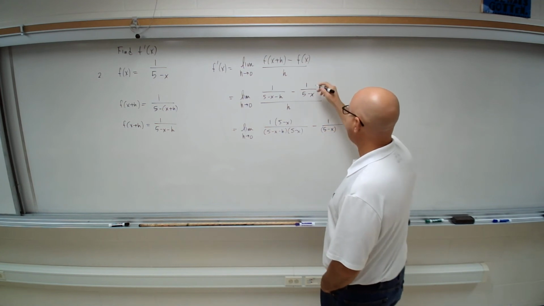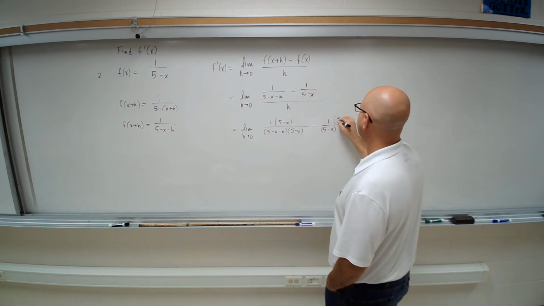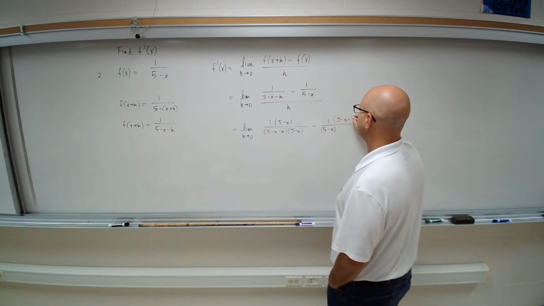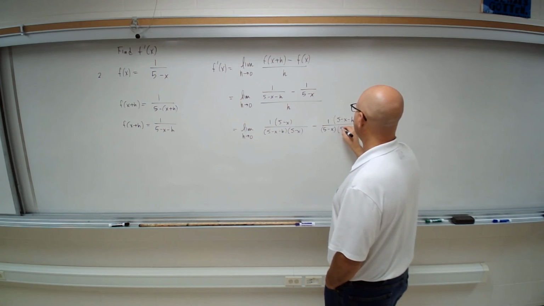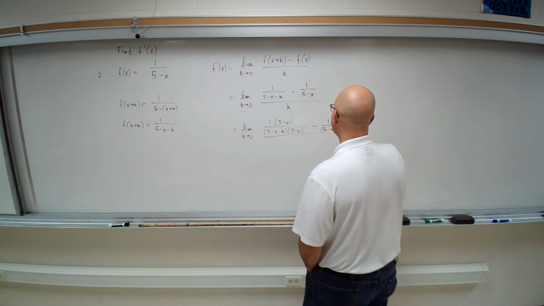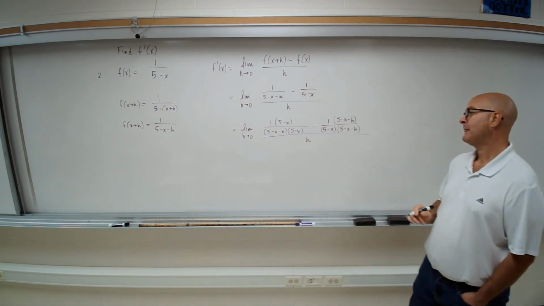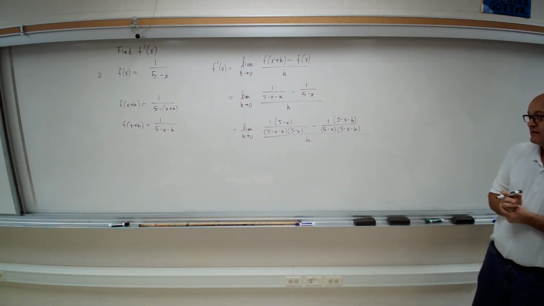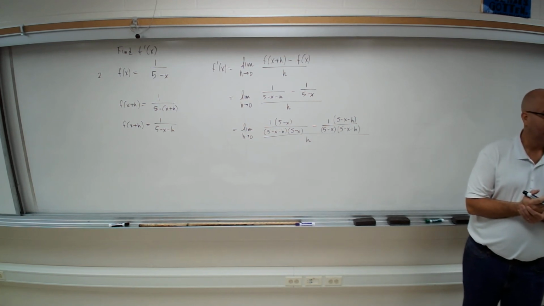And that's what I had on the right-hand side. I'm going to multiply by 5 minus x minus h over 5 minus x minus h, and it's all over h. So again, I'm just getting a common denominator, correct?